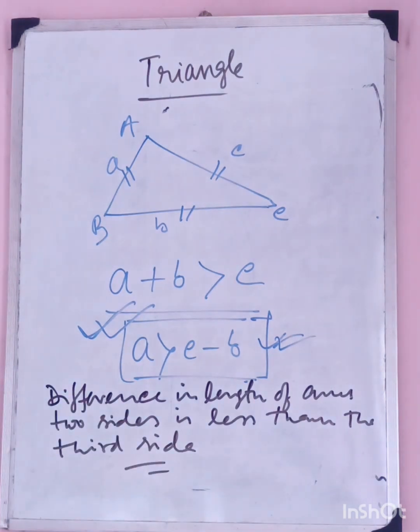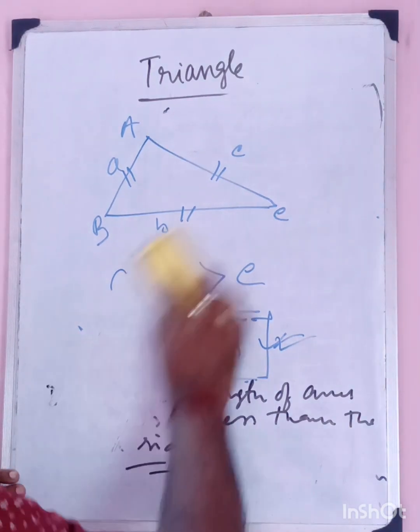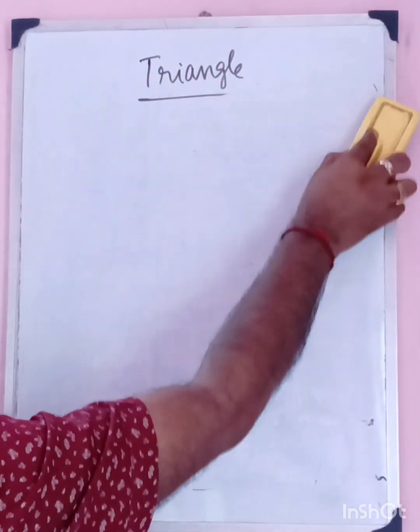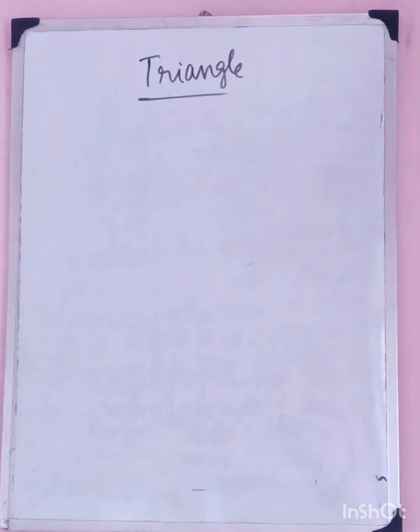Okay, so these three are very fundamental properties of a triangle. Now let us introduce another term, interior angle and exterior angle.